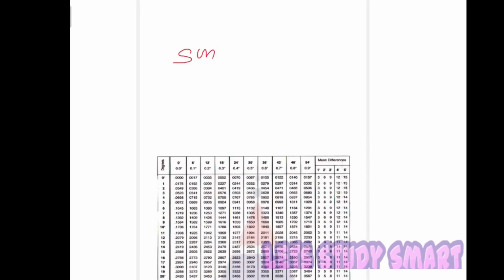Suppose we take one more example. Suppose we have sine 14 degree. Of course, when I say sine 14 degree, again it is very easy. Simply this is what you get: sine 14 degree is equal to 0.2419. But suppose you have sine 14.8 degree.